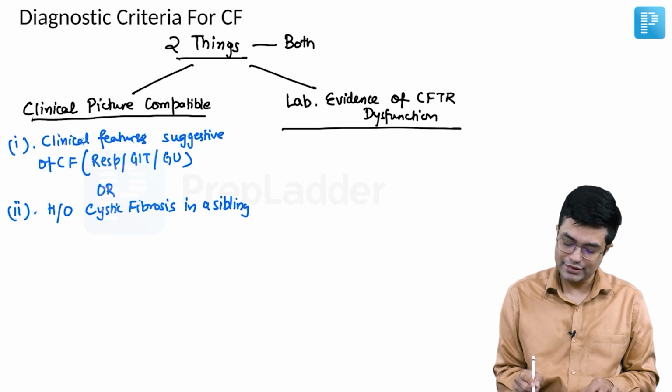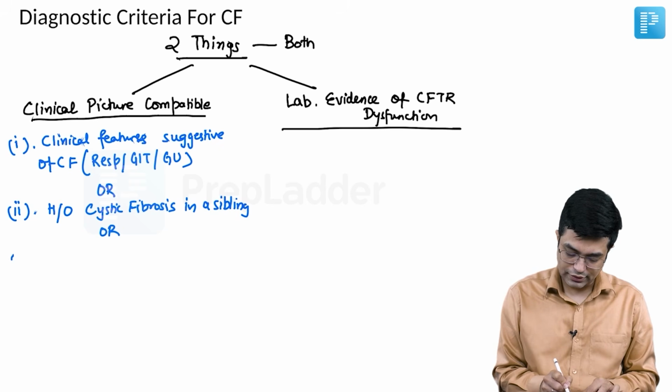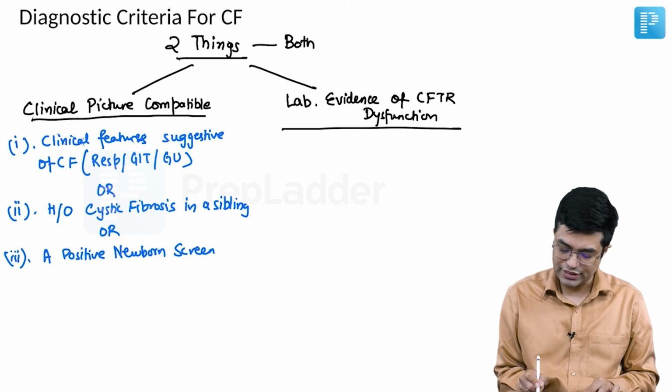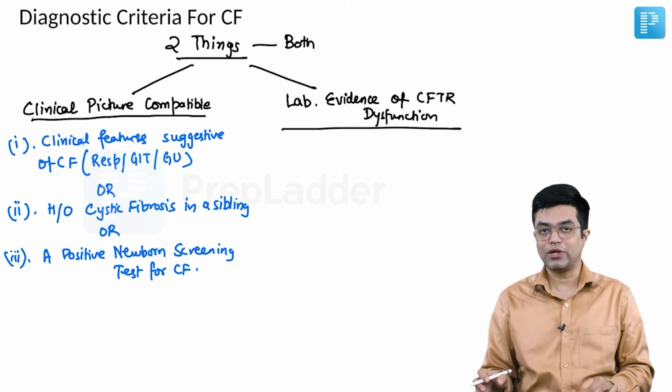So in a sibling there is a diagnosed case of cystic fibrosis. Or thirdly, if there is a positive newborn screening test. As we shall see, the newborn screening test for cystic fibrosis is very different from the screening test of sweat chloride which is done in older children and adults.